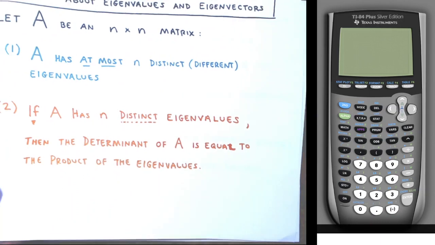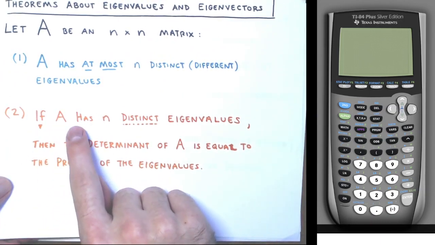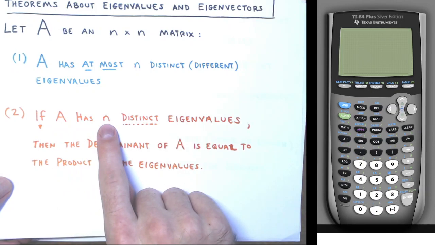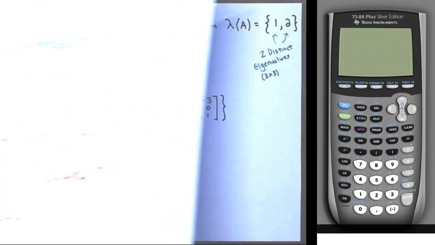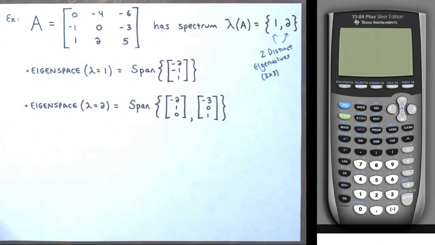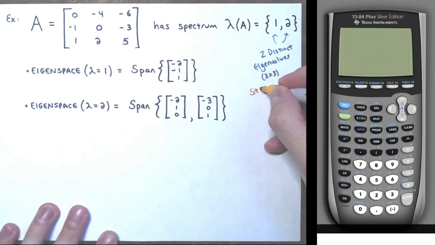Again, statement 2 starts off with if A has exactly n distinct eigenvalues, and this is a 3 by 3 matrix here, so n is 3. This does not have 3 different eigenvalues. So yet again, statement 2 does not apply.